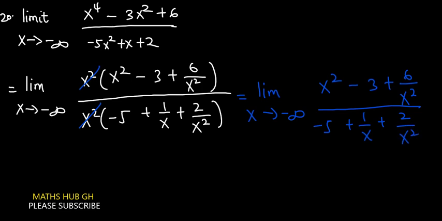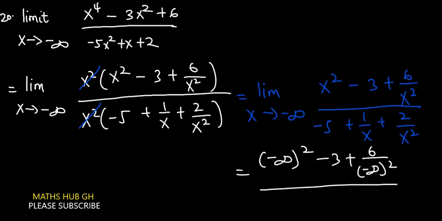So let's do the direct substitution. We're going to have minus infinity squared, minus 3 plus 6 over minus infinity squared, all this divided by minus 5 plus 1 over infinity plus 2 over minus infinity squared. So let's look at what you are going to get.